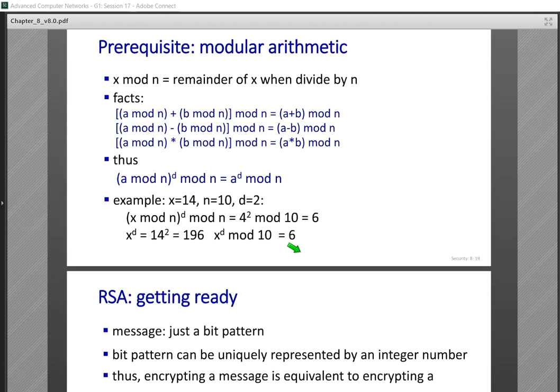You can see them here, and this one here. Okay, look at this formula here: x mod n in power of d mod n. Mod is the remainder function.